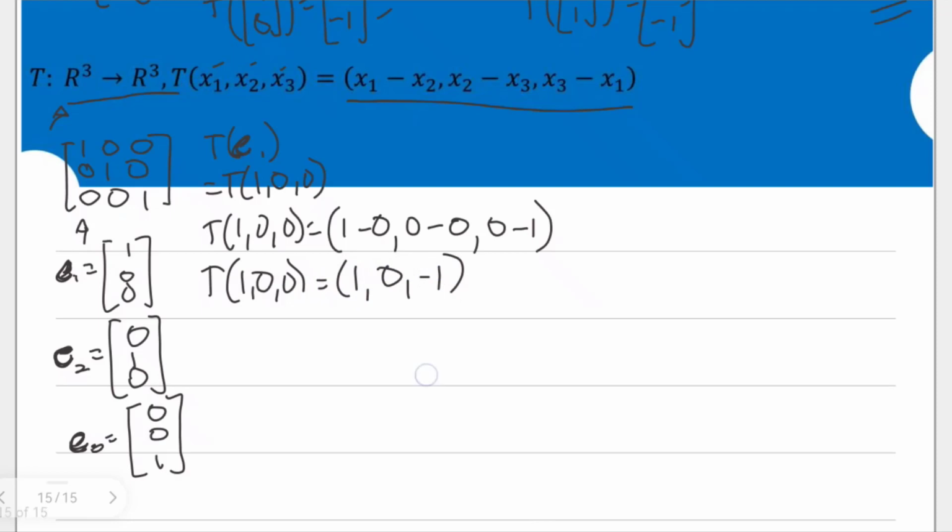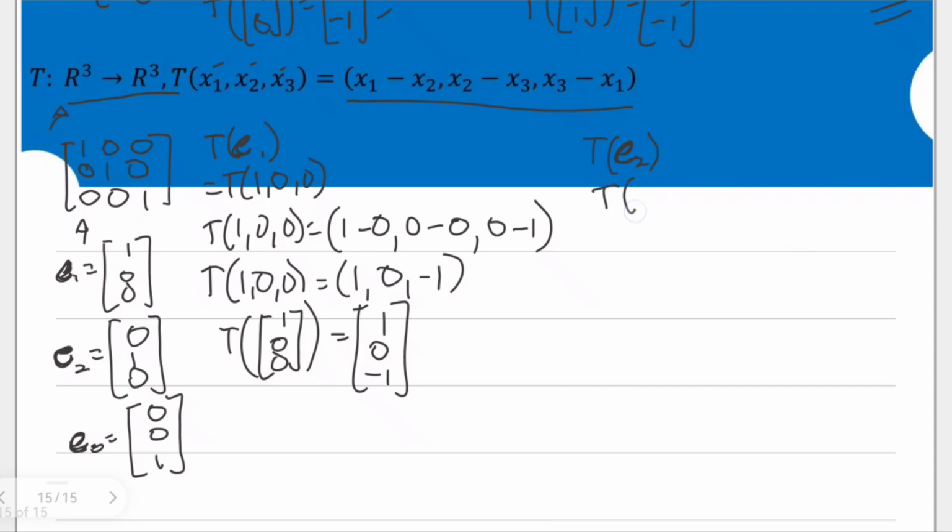Of course, you could rewrite this in column form: 1, 0, 0 is equal to 1, 0, negative 1. Let's proceed to the linear transformation of our second column, which is the linear transformation of 0, 1, 0, where x sub 1 is 0, x sub 2 is 1, x sub 3 is 0.